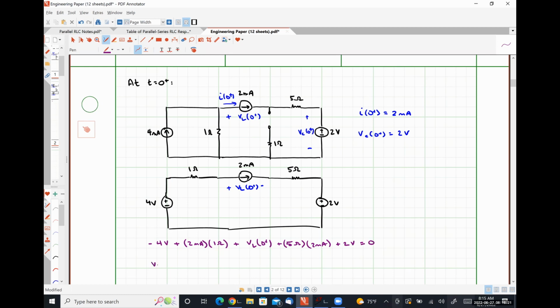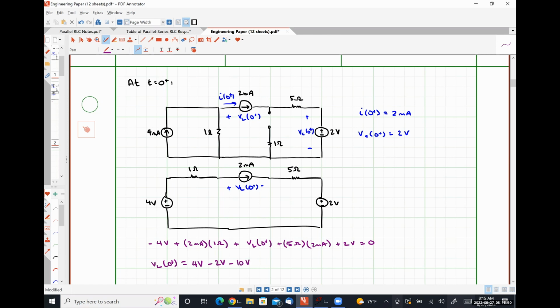And now I'm going to put VL at 0 plus on the left-hand side of the equal sign, and I'm going to move all of the other terms to the right. So when I move negative 4 volts to the right of the equal sign, it's going to look like positive 4 volts. Then I'm going to have 2 milliamps times 1 ohm. So that's 2 volts, positive 2 volts move to the right-hand side, looks like minus 2 volts. Positive 10 volts move to the right-hand side, looks like negative 10 volts.